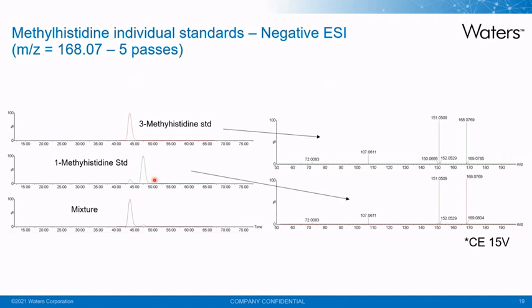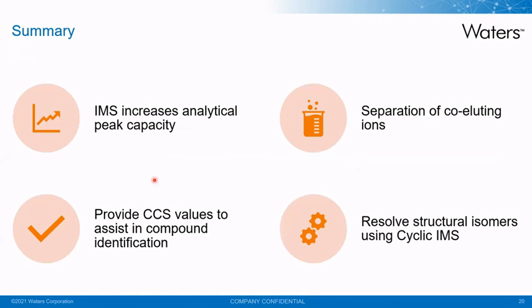So, in summary, ion mobility can increase the analytical peak capacity, which can improve your confidence in what you're seeing and make sure that there's nothing hidden within your sample. It can provide CCS values to help with identifying specific compounds, and that can be related to online libraries, experimentally, as well as theoretically, with in silico calculated CCS values.